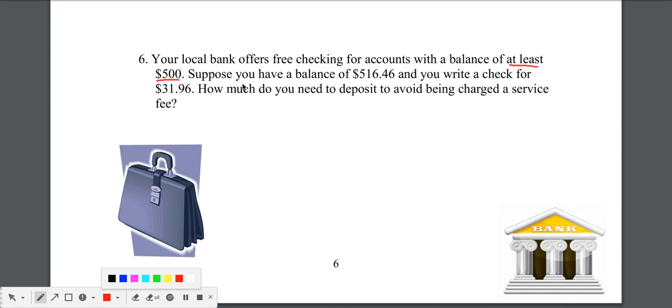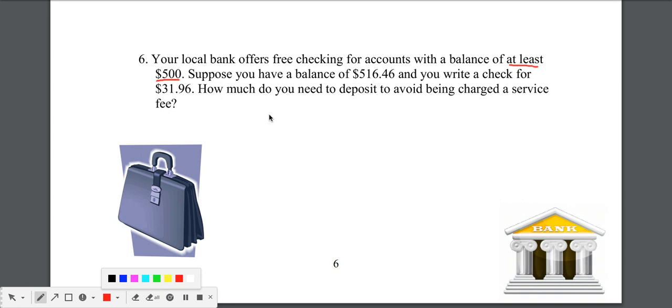Now, some checking accounts do require you to have a minimum balance. Typically not 500, but some do, I guess. And often it can be like $100 as a minimum in your checking, and sometimes it's just zero. So you definitely don't want to go below $0. But let's suppose you have a balance of this. Okay, so this is my current balance.